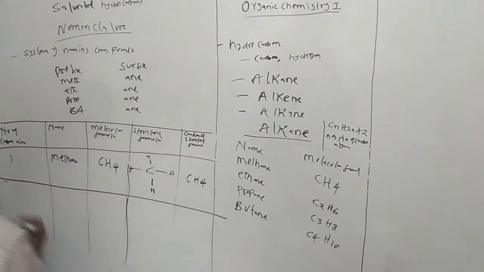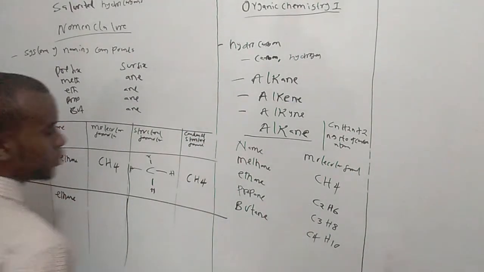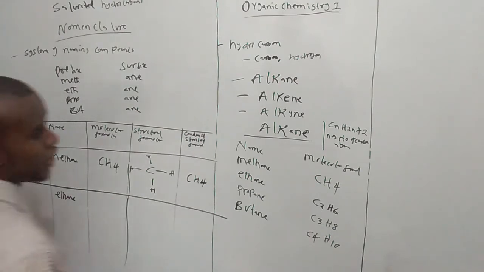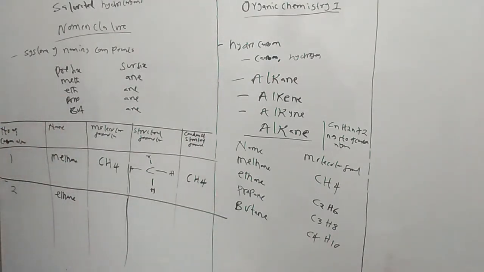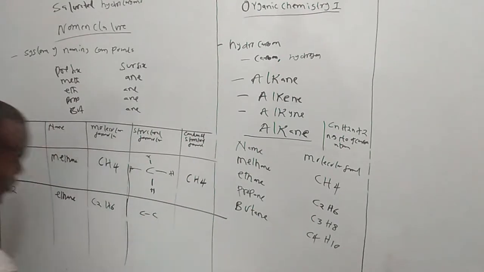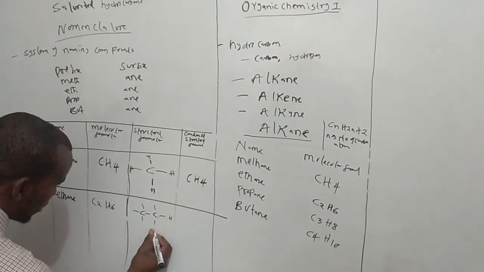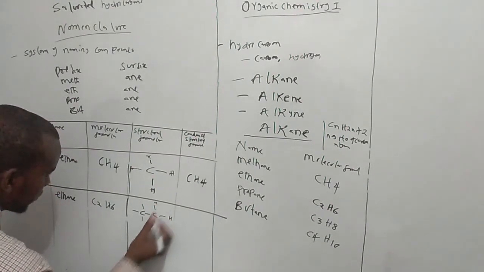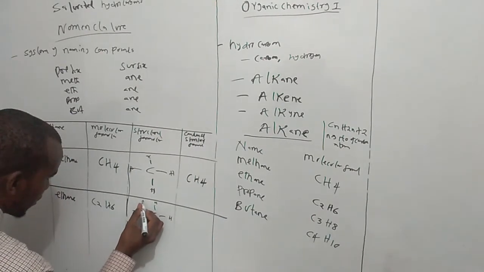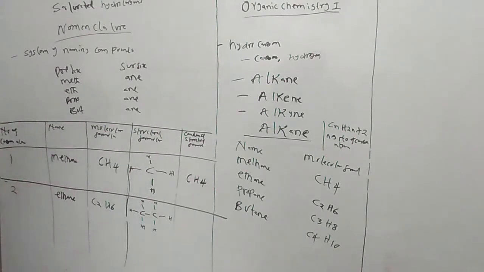If we take an example of ethane, number 2, the molecular formula here is C2H6, because you know that the formula of alkanes is CnH2n+2. It means now 2 carbon atoms are being bonded, then the rest will fill up with hydrogens, so that we have C2 and the number of hydrogen is 6.